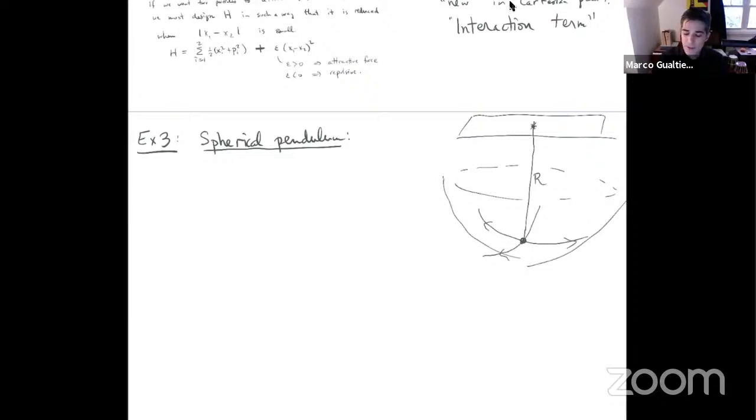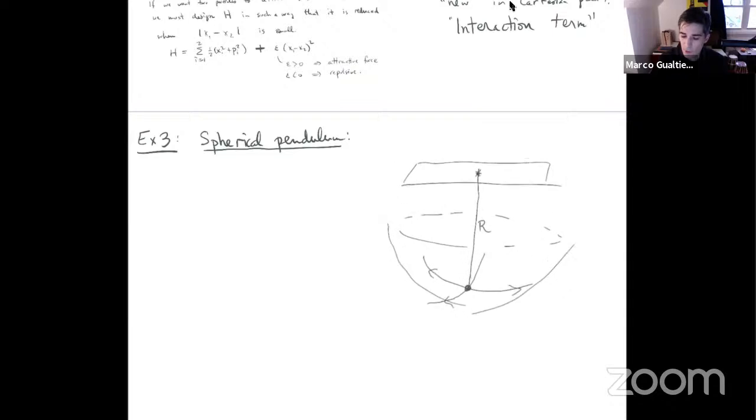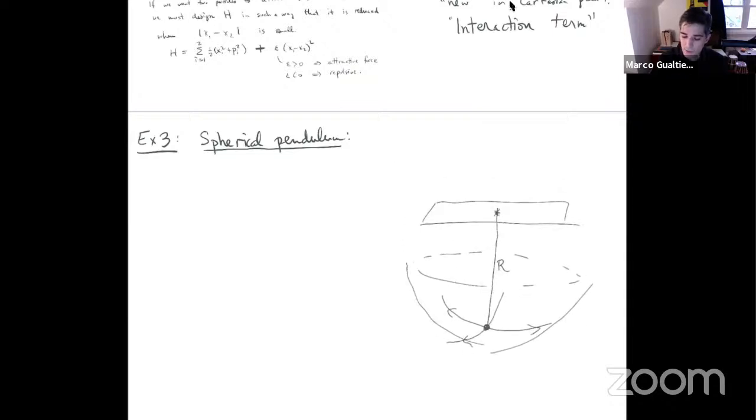Okay, and actually let's take this system and make it more abstract. Let's remove the ceiling, and let's extend this imaginary sphere to be all the way around the pendulum.